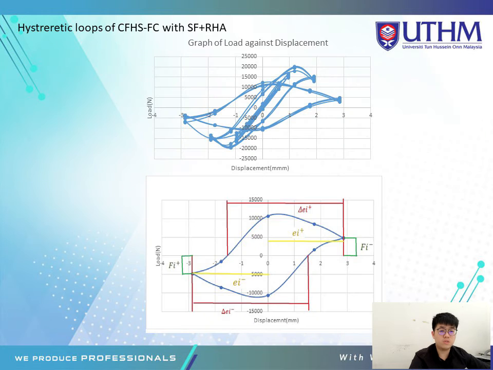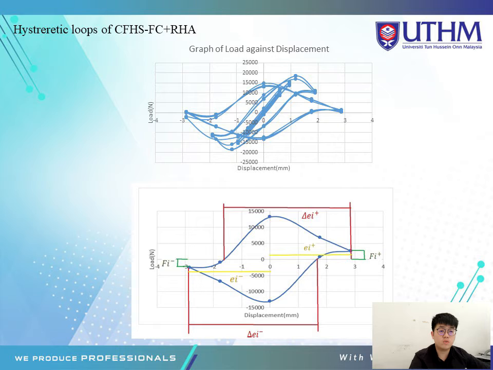The first graph shown is the hysteretic loop of concrete filled hollow section with formed concrete, added steel fiber and dry harsh edge. Only one complete 3 mm displacement cycle is selected to calculate the ductility. Next is the hysteretic loop of concrete filled hollow section with formed concrete and raised harsh edge. A complete 3 mm displacement cycle is selected to calculate the ductility.